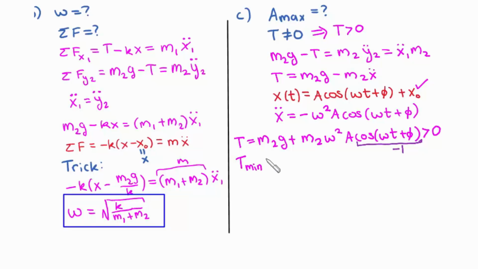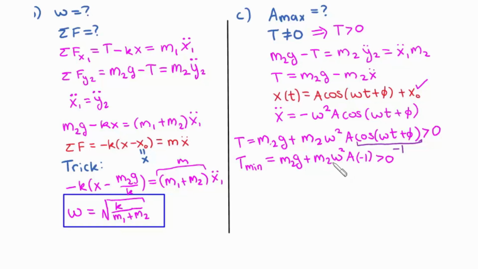Then my T min, my minimum tension, is going to be equal to my m2g, plus my m2 omega squared multiplied by A, and then multiplied by this minimum value over here, which is negative 1. And all of this must be bigger than 0.